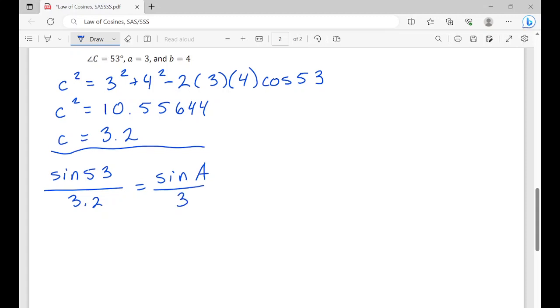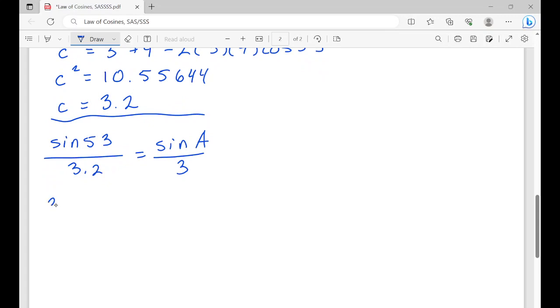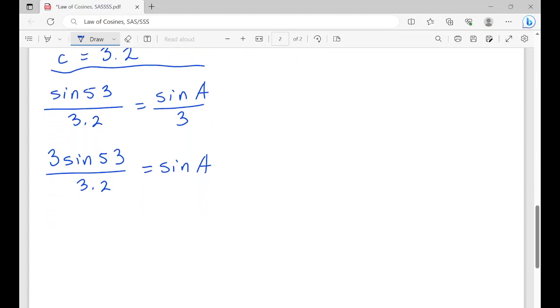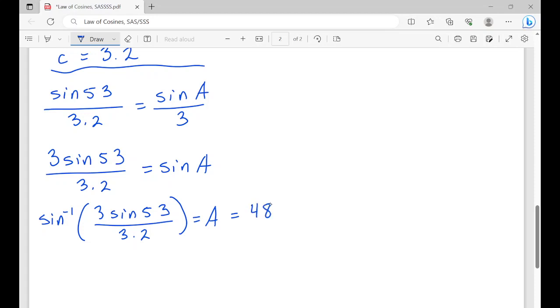Multiply the 3 over to solve for sine A. 3 sine of 53 over 3.2 equals sine A. And then take the arc sine of both sides. Arc sine of 3 sine 53 over 3.2 is equal to A. And again in my calculator, that gives me 48.5 degrees, rounded to 1 decimal.